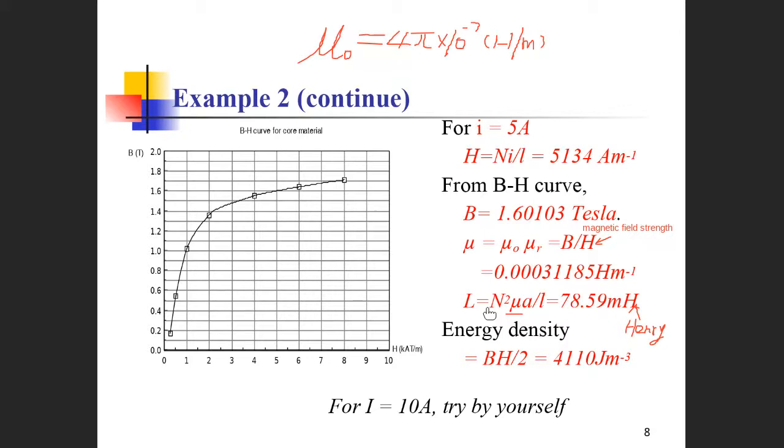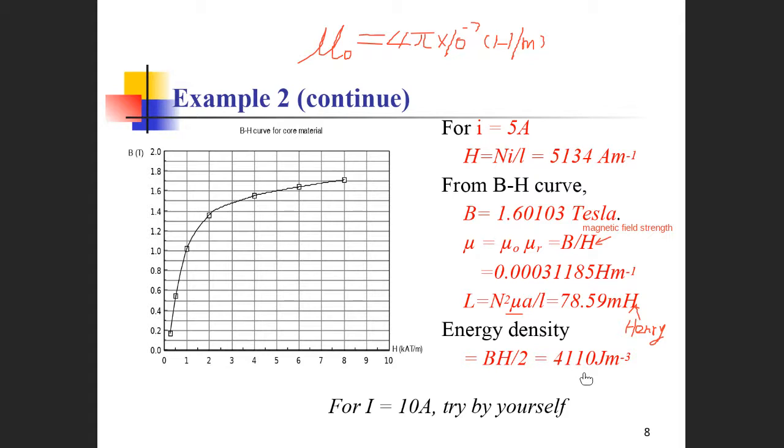In your mind, you have the circuit and the concept, so you can estimate the densities. This is the energy density, as I already talked about in the last lectures: the BH product over 2 is the energy density.